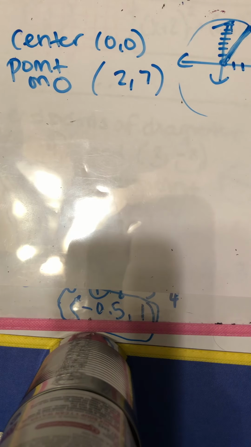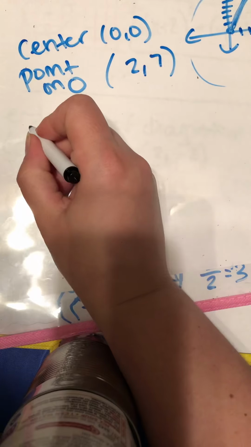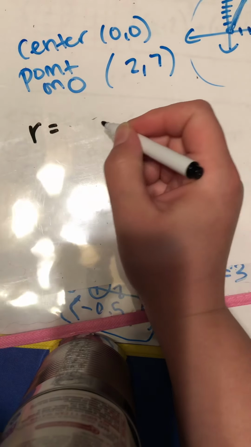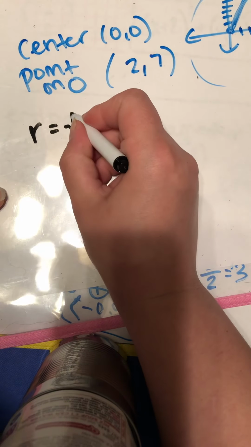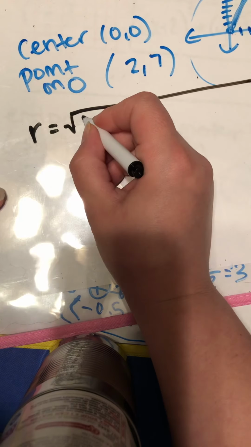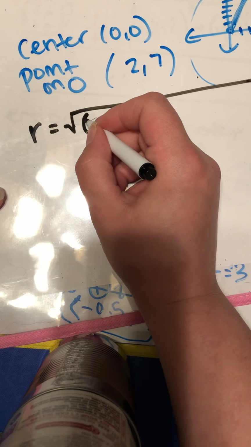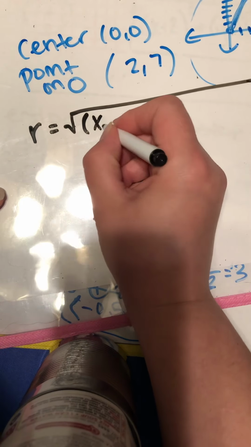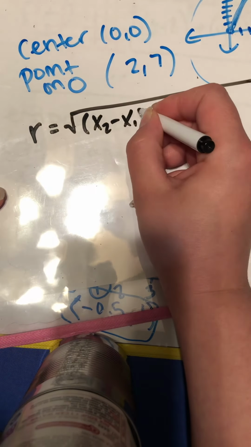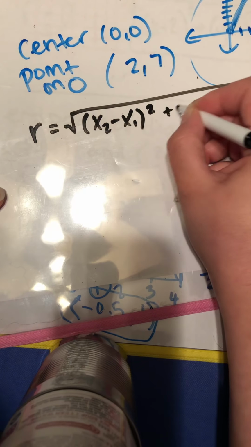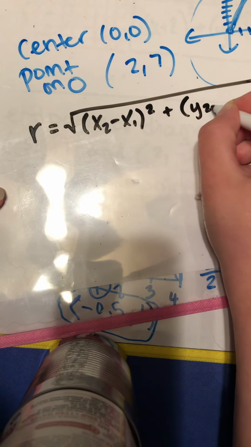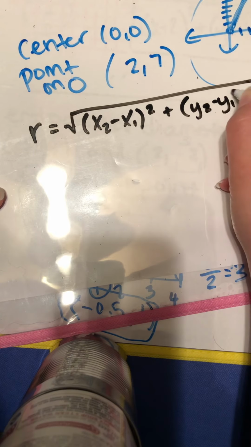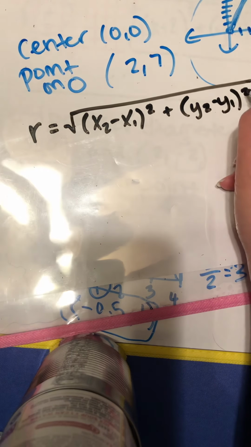For that, we are going to use our distance formula, which I'm going to put radius equals, because we know we're looking for the distance. It is the square root of (x2 minus x1) squared plus (y2 minus y1) squared.